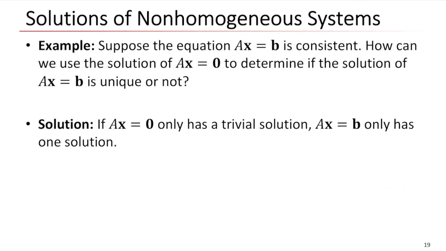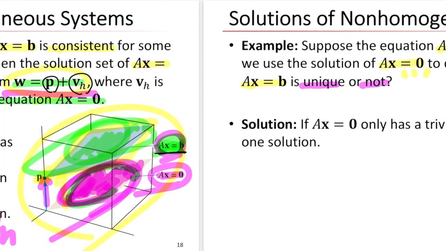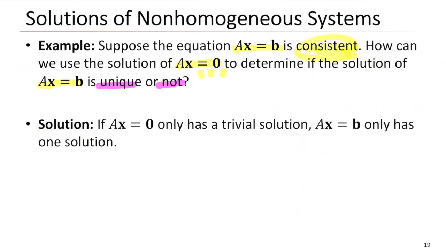Here is a question. Suppose the equation Ax = b is consistent and has a solution, right? Then how can we use the solution of Ax = 0, the homogeneous solution, to determine whether the solution of Ax = b is unique or not? Please remember this one.